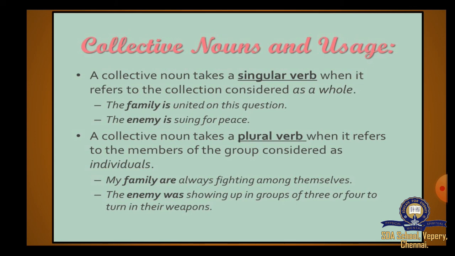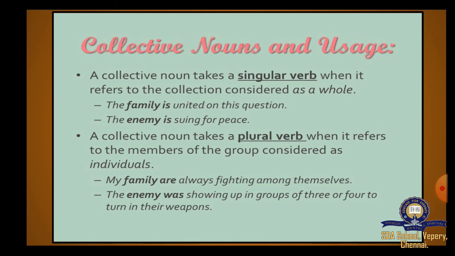So here we see 3 or 4, so it focuses on a few individuals, right? So we are having a plural verb. I hope you understand how it works. When it is a collective noun, as a group, we use a singular verb, and when it is mentioned as individuals, you have a plural verb.